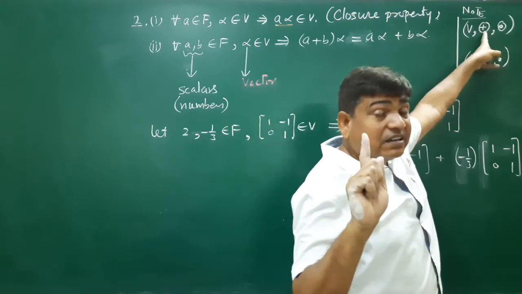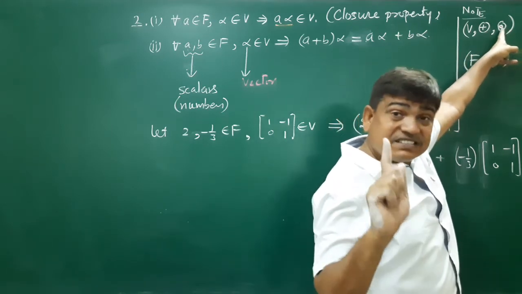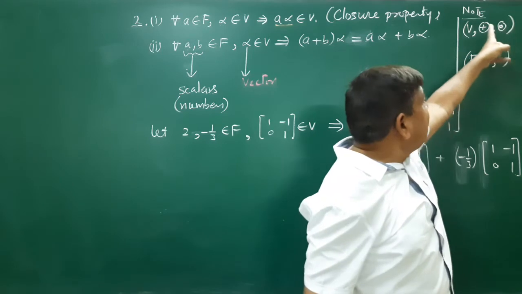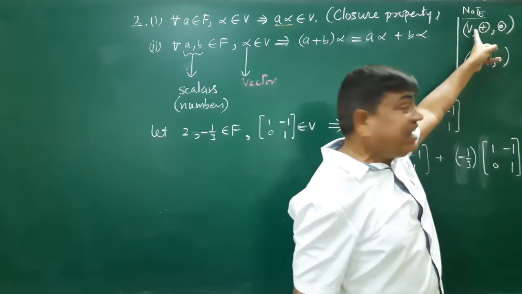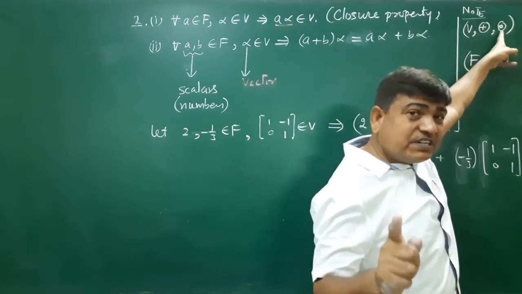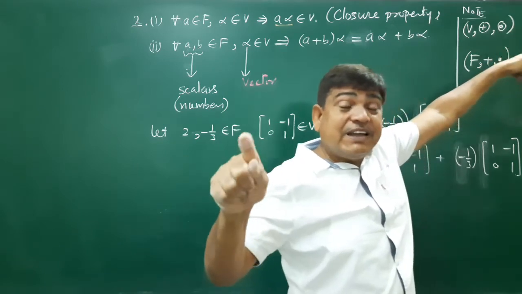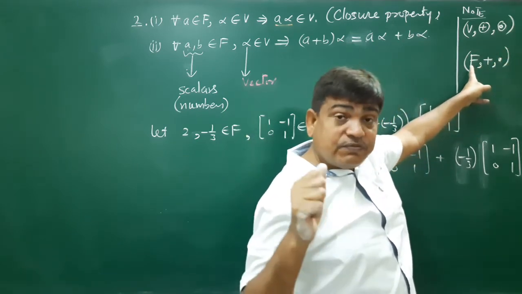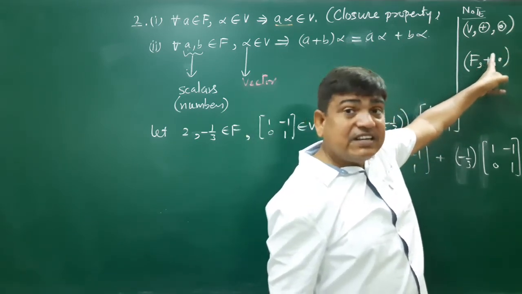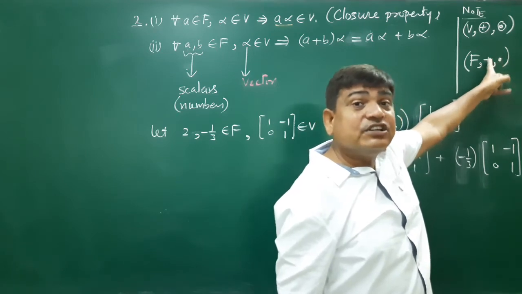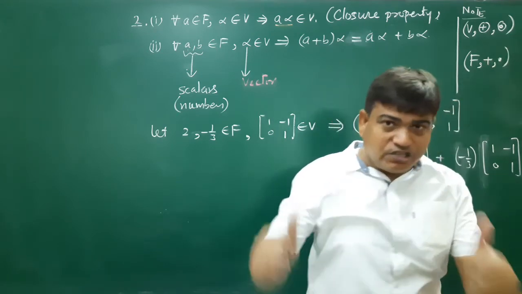This is internal composition, this is external composition. Internal composition is defined on V; external composition is also on V, but with the help of F. F is a field, with addition and multiplication.